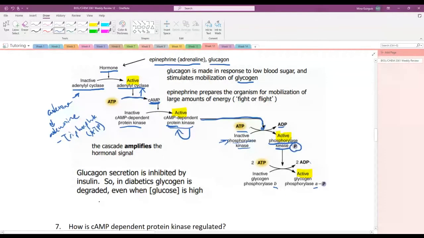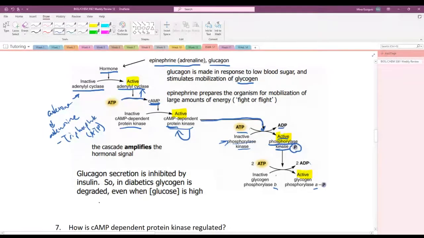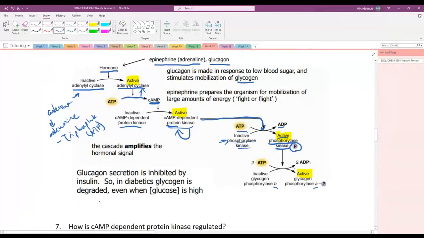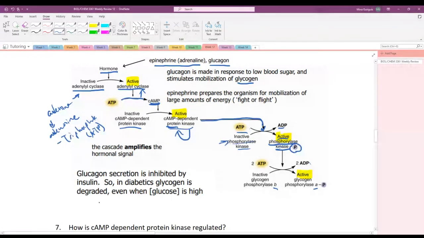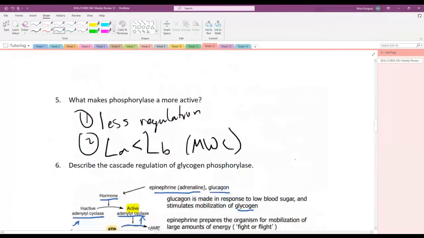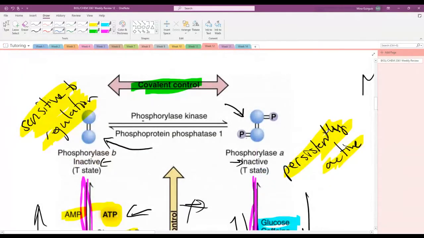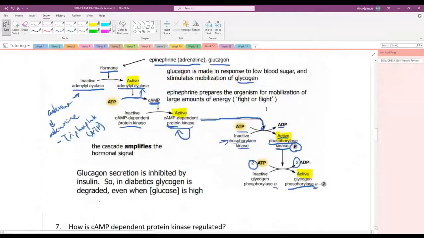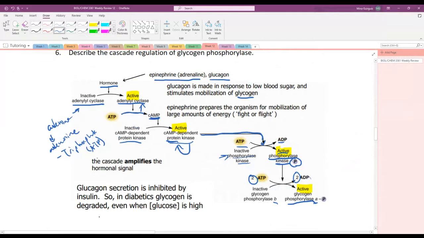So now, since it's phosphorylated, it's in its active form and can finally activate glycogen phosphorylase by converting it to glycogen phosphorylase A. One thing to take note of is this uses 2 as opposed to 1 ATP because, as you guys see in this figure right here, we phosphorylate it twice. Okay? All right.